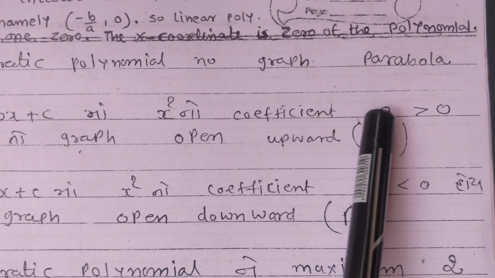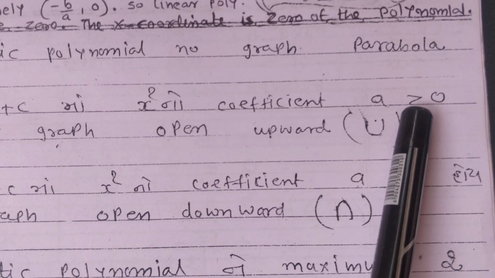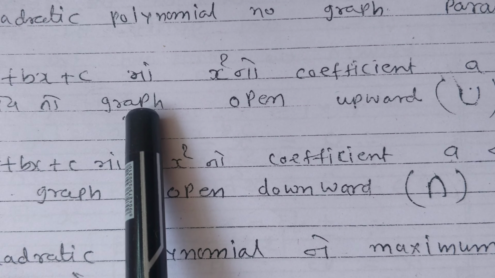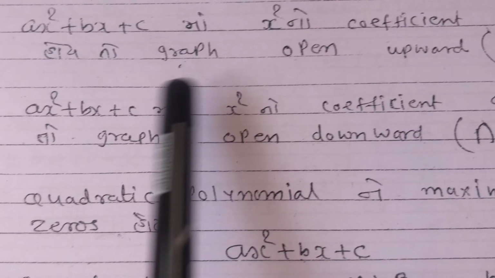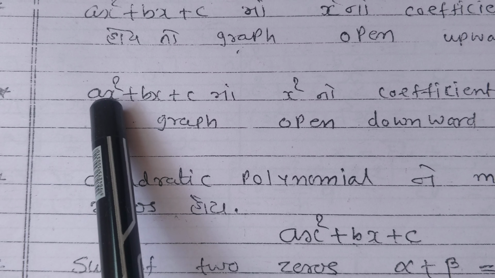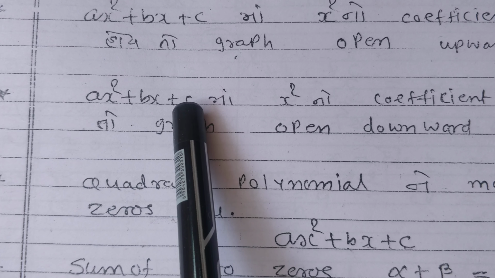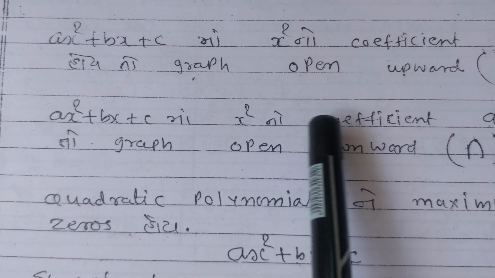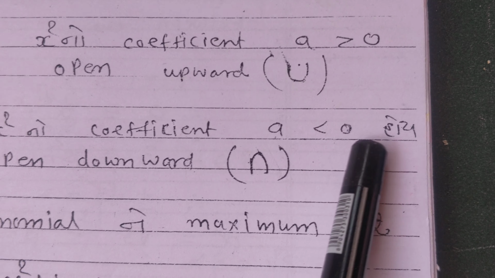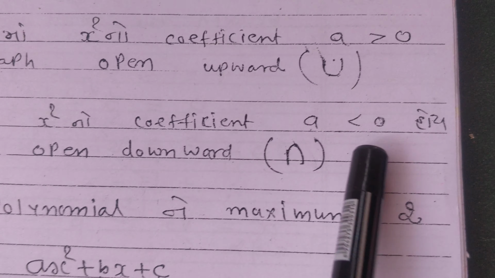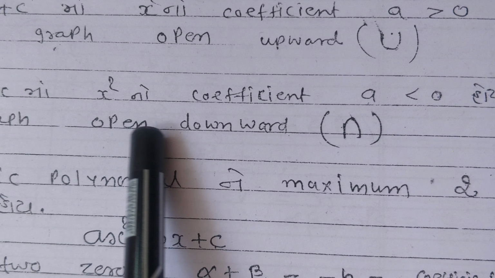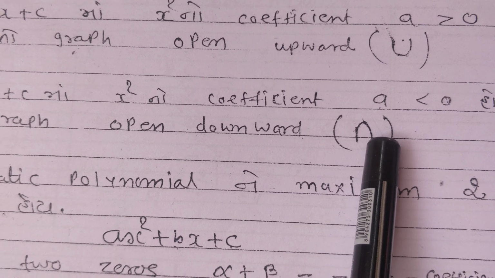If a is greater than 0, then the graph is open upward. If the coefficient of x square, a, is less than 0, then the graph is open downward.